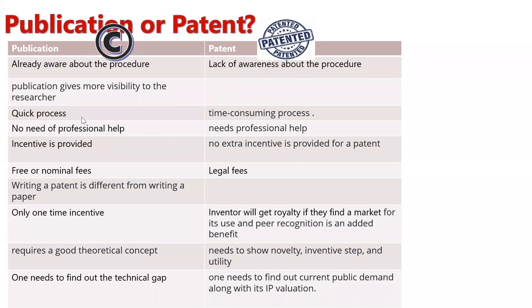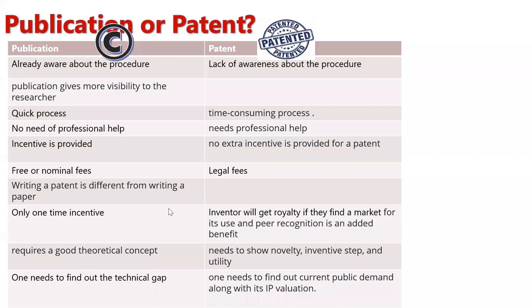In publication, there is no need of professional help. For a patent, you need professional help. In publication, once you publish, you get a one-time incentive. That is the case for a research paper.